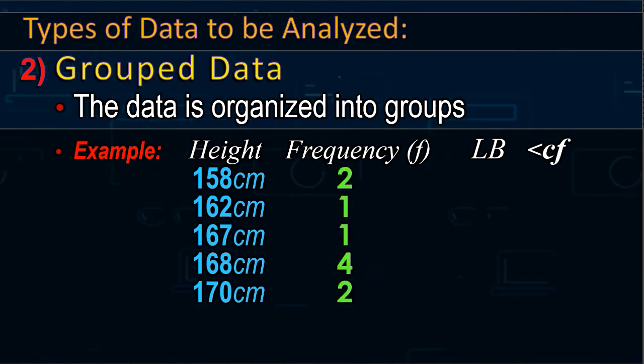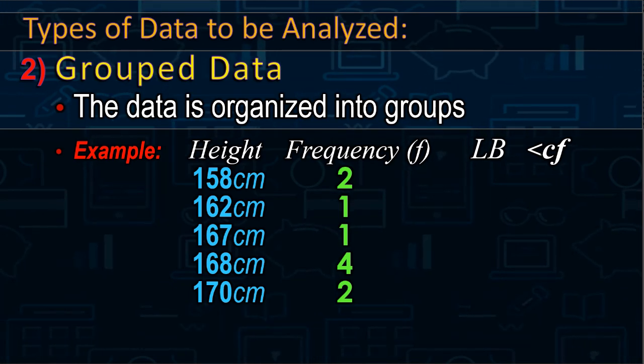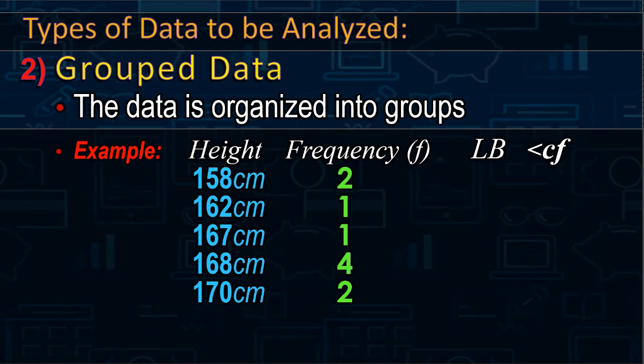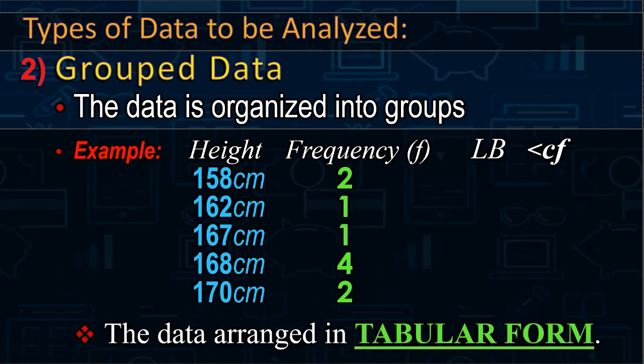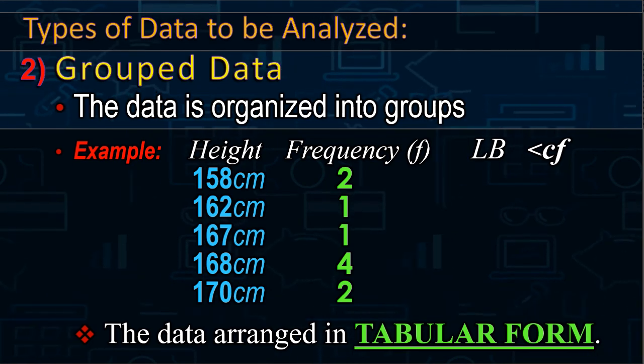Now the frequency for 158 is 2, 162 centimeters is 1, 167 centimeters is 1, 168 centimeters is 4, and 170 centimeters is 2. Now the data is arranged in tabular form.